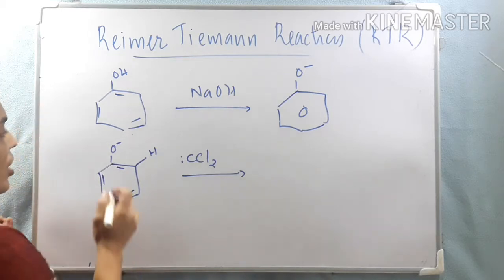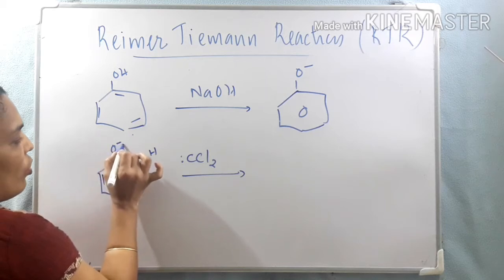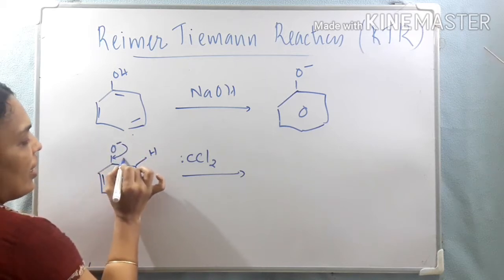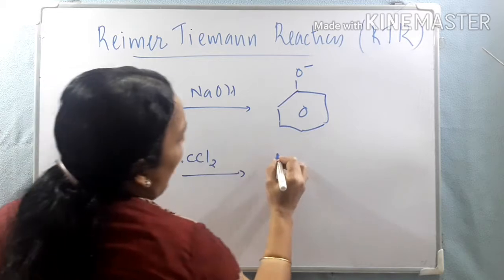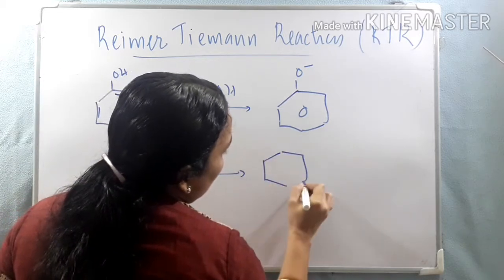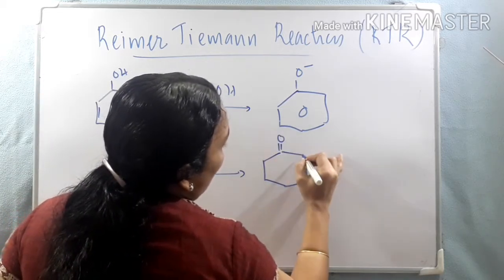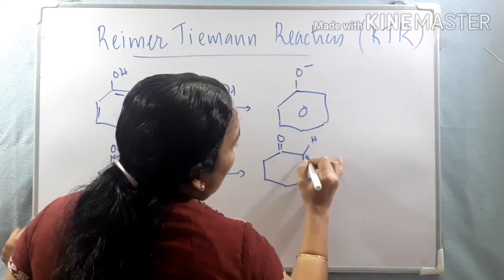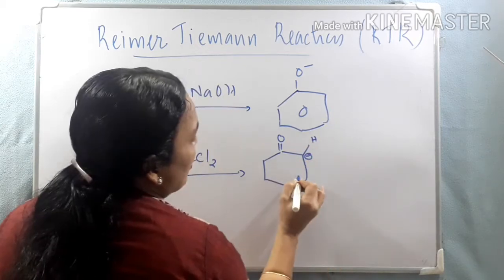Let us see the reaction. This electron shifted to here and this electron shifted to here. So we have a double bond, hydrogen, and a negative charge.